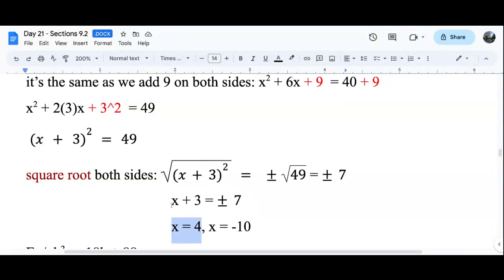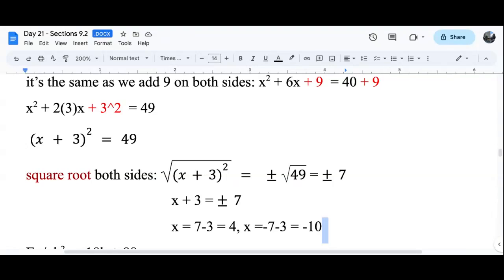Then we move 3 to the other side. The first one, x equals 7 minus 3, which is 4. The second one is negative 7 minus 3, which equals negative 10. Bingo, exactly as when we factored. So we get the same solution.